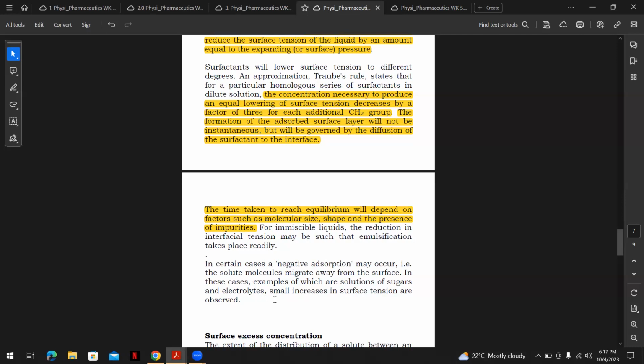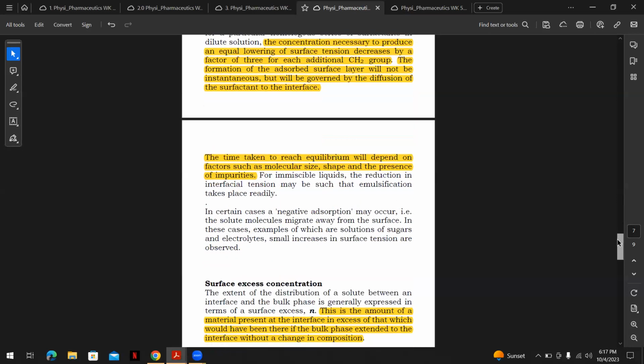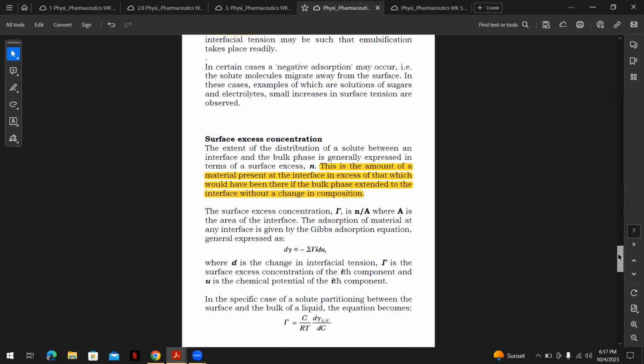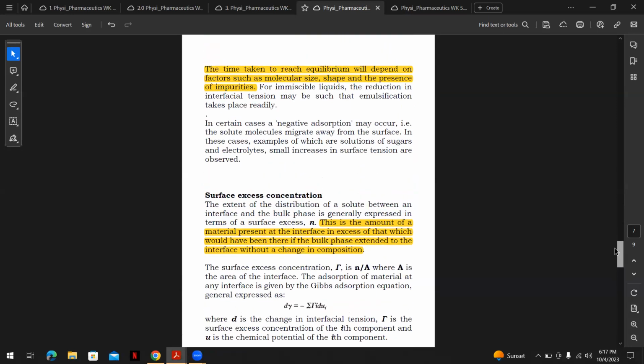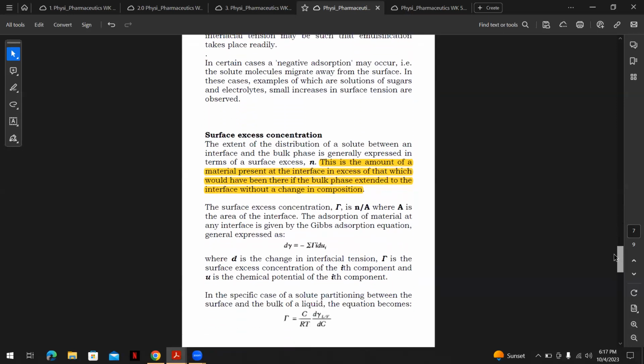So they mix with the liquid, and here surface tension will definitely increase. This is seen with solutions of sugars and electrolytes. Like when you add sugar to your tea or coffee, it doesn't deposit on the surface, it mixes with your liquid.